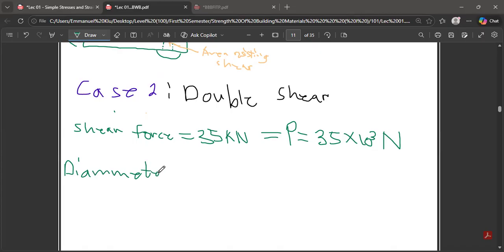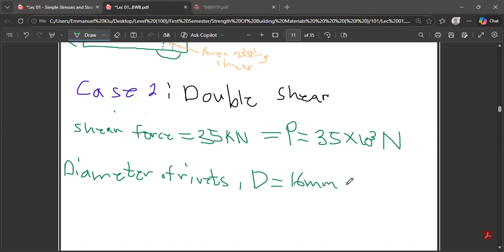So we say that the diameter of rivets, D, is equal to 16 millimeters.